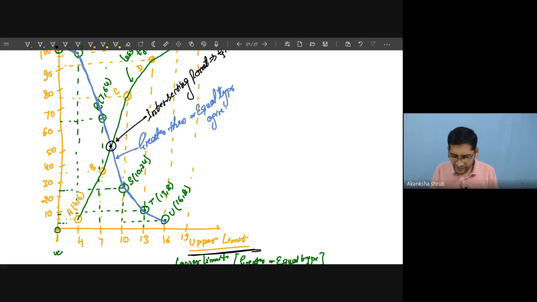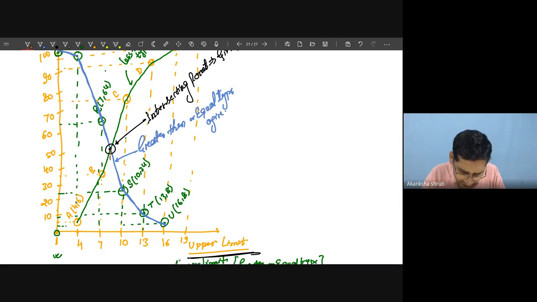So we need the value on this x-axis for getting the median. So for getting that value, I need to draw a perpendicular from this intersecting point over the x-axis. Observe it carefully, students.